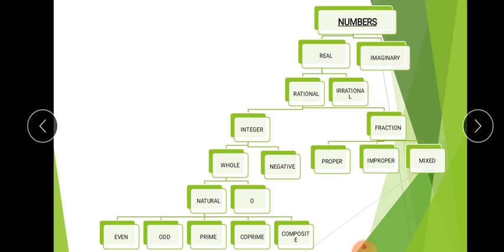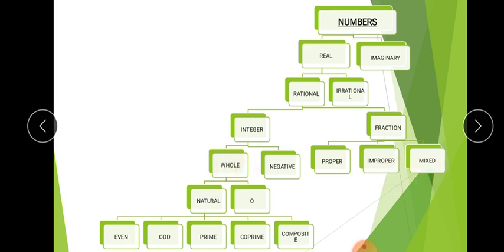Rational numbers is again divided into two main parts, integers and fractions. Integers is again divided into two parts, whole numbers and negative numbers. Fractions is divided into three parts, proper, improper and mixed.